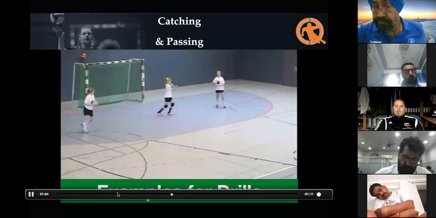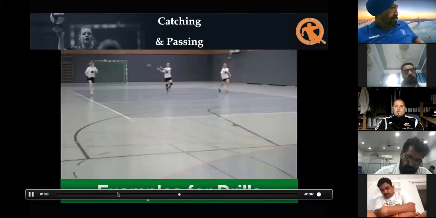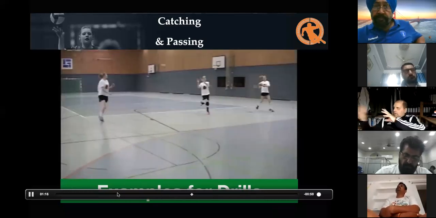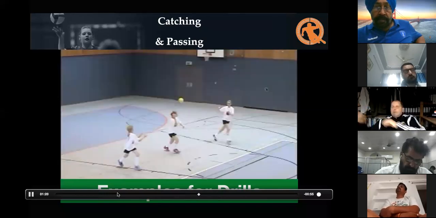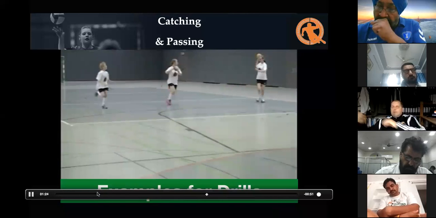So now it's a different way of passing with the 3 players and the 2 balls. And again, take care for quick rotation in the center position to receive and forward the ball. So there are higher demands on observation in that drill. Okay.